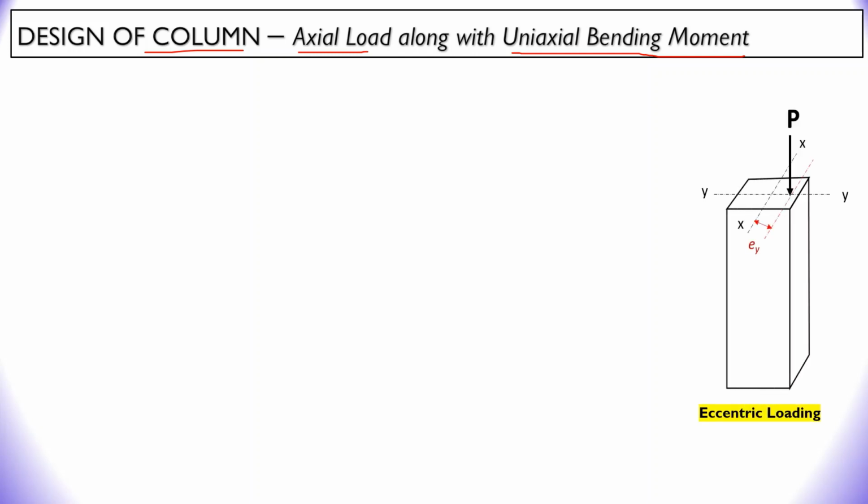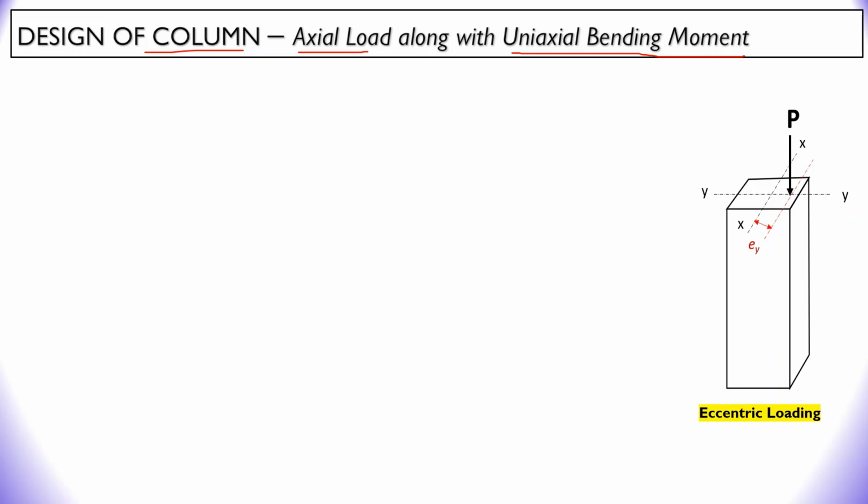First of all, we have to discuss the meaning of axial load as well as uni-axial bending. It means a column is subjected to a vertical or compressive load, maybe having some eccentricity. Due to that eccentricity, the column will be subjected to combined stresses.